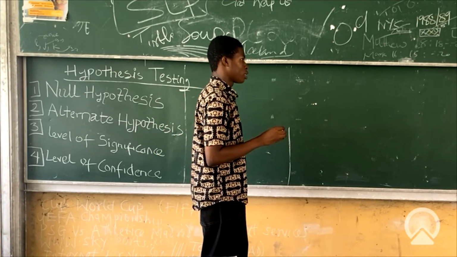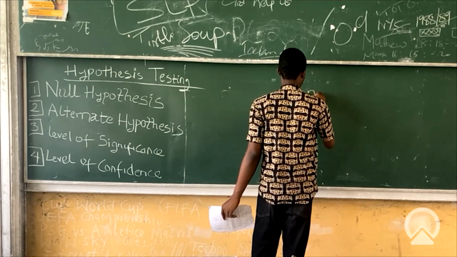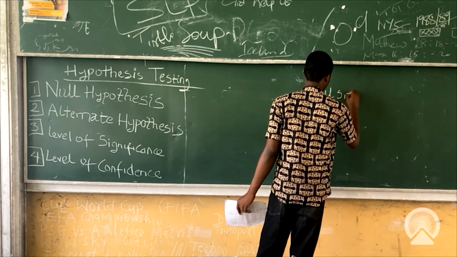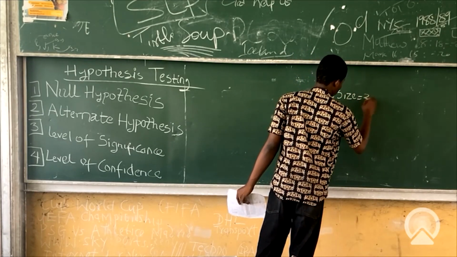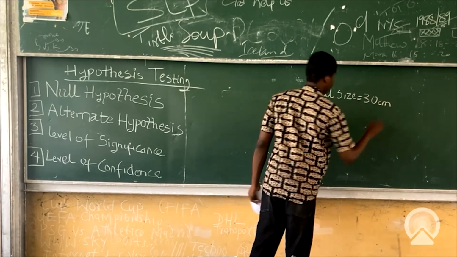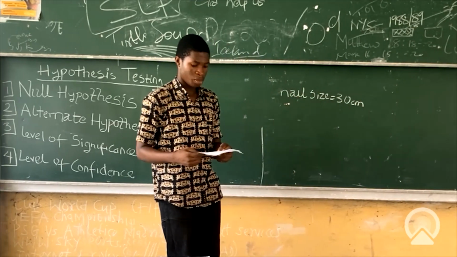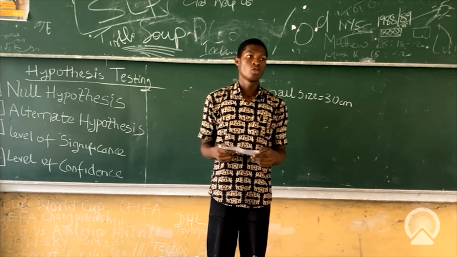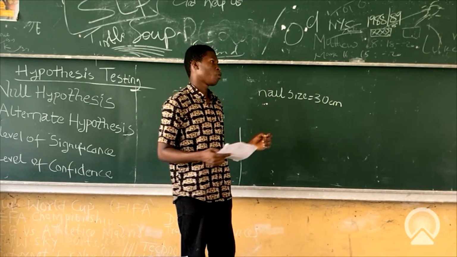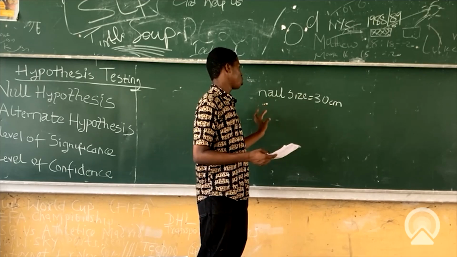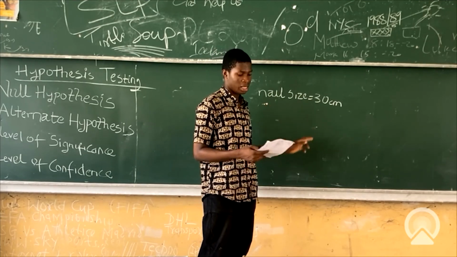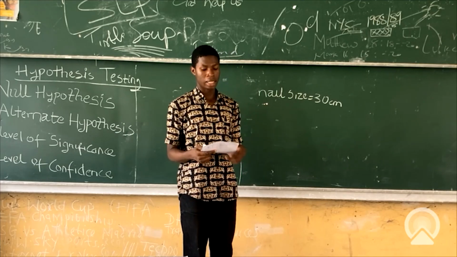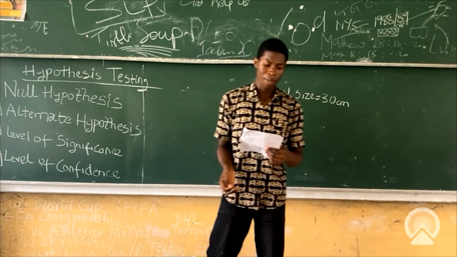So now we can say that the nail size is equal to 30 centimeters, and this is basically hypothesis testing. We can take a random sample and test whether the nail size is actually 30 centimeters and know whether it is below or above 30 centimeters. So that is basically hypothesis testing.